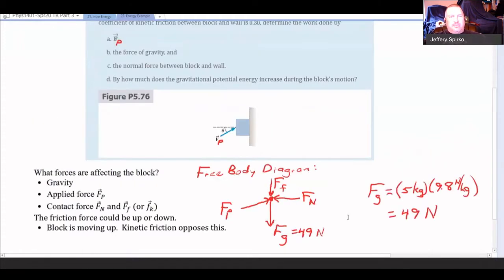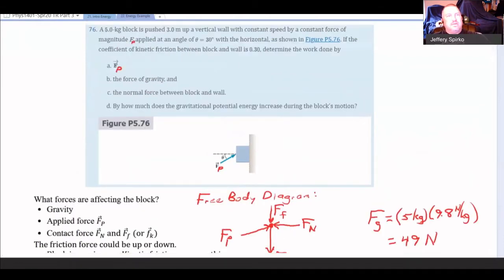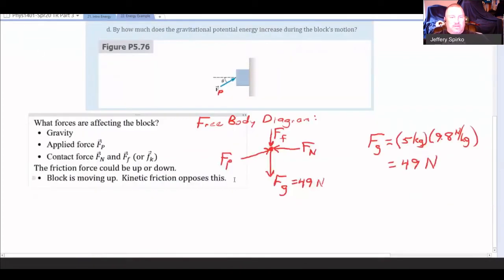Is there anything else we know? We know this constant speed thing. Well, that's pretty significant. So let's make note of that. This block is moving with a constant speed in a constant direction.